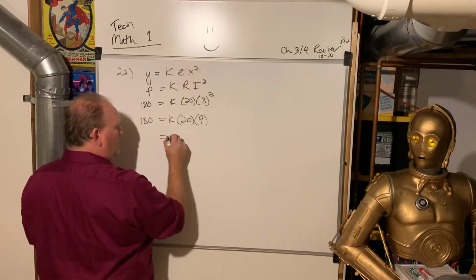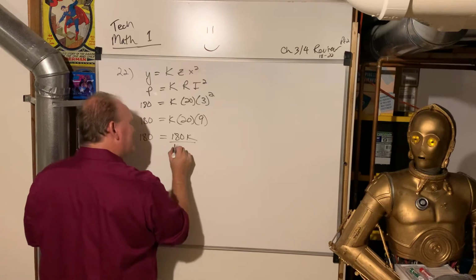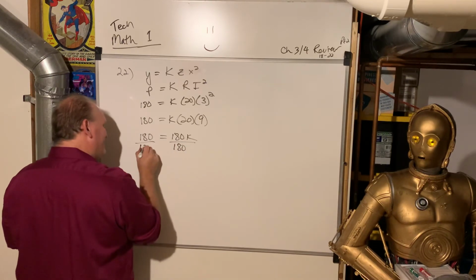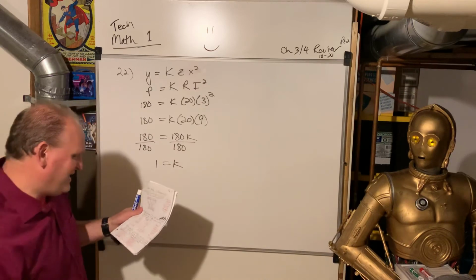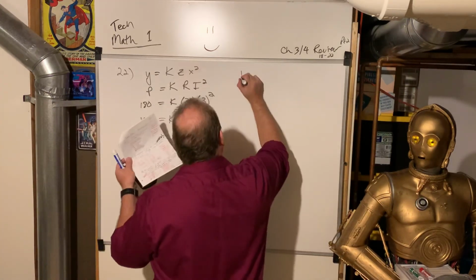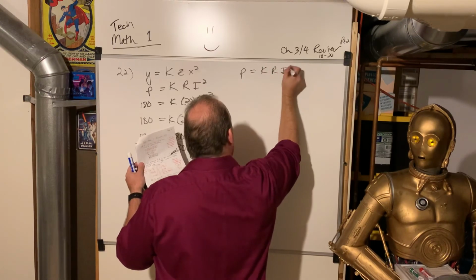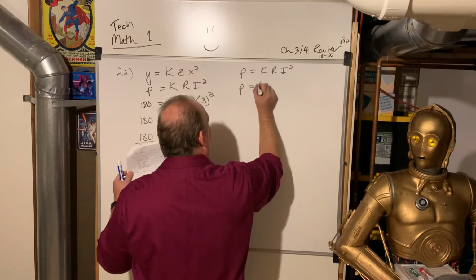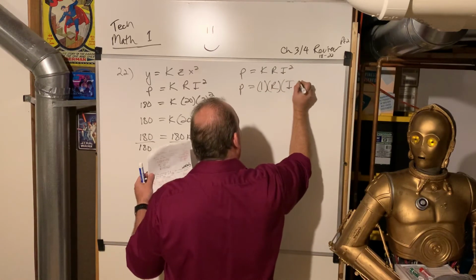That means 180K is equal to 180. That means our K is kind of useless, right? Just 1. So if K is 1, I write out P equals K R I squared, but that's going to be 1 times R I squared.